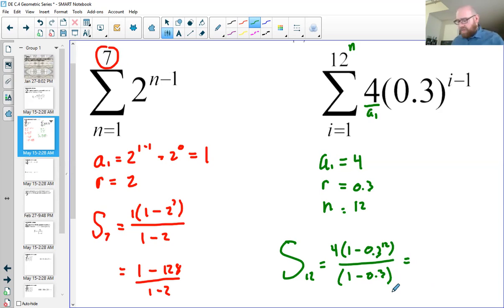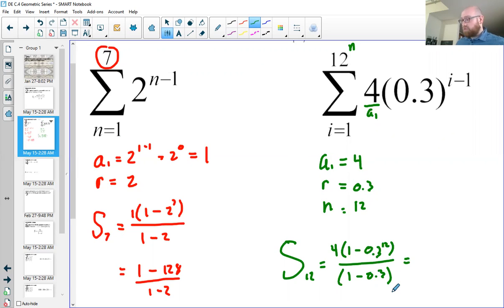But once I do that, I have 4 times 1 minus 0.3 to the power of 12, close parentheses, divided by open parentheses 1 minus 0.3.